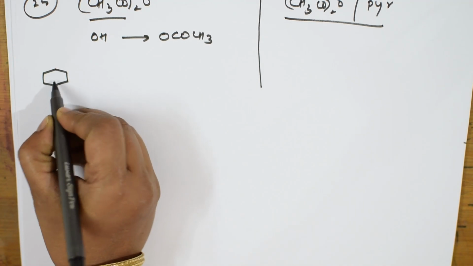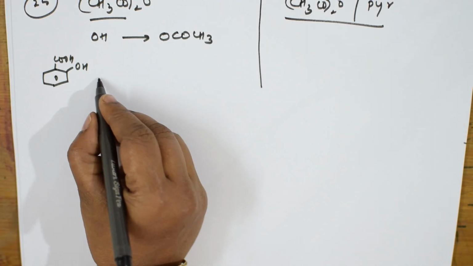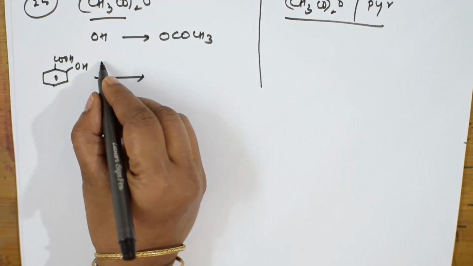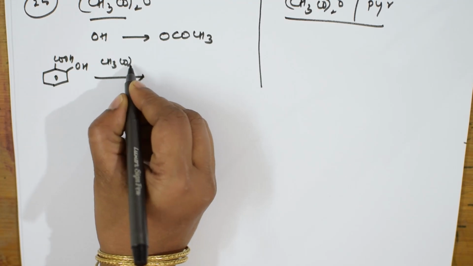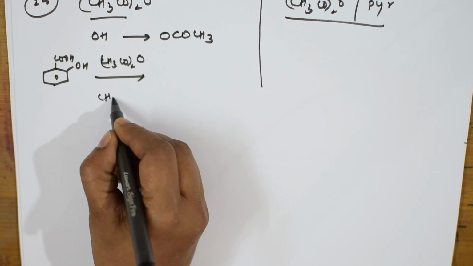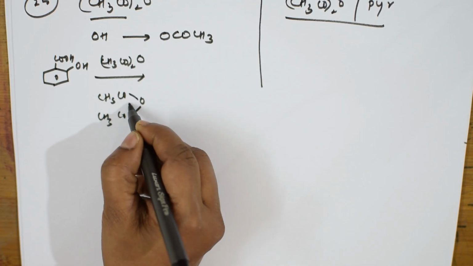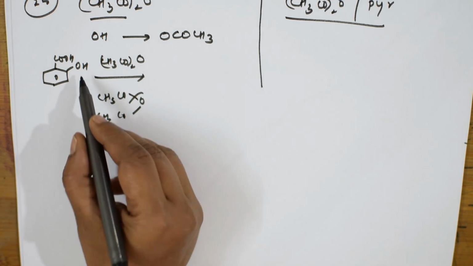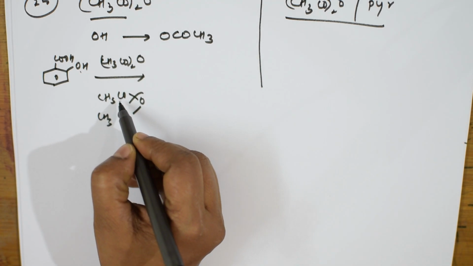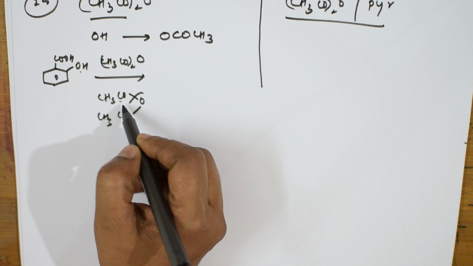I have COH and OH. Now I told you we are introducing acetic anhydride. How is this? CH3CO taken twice with O. How does this look? Basically this looks like CH3CO-O-CO-CH3. Where is the cleavage? There is a cleavage here. This OH group is replaced by this group.